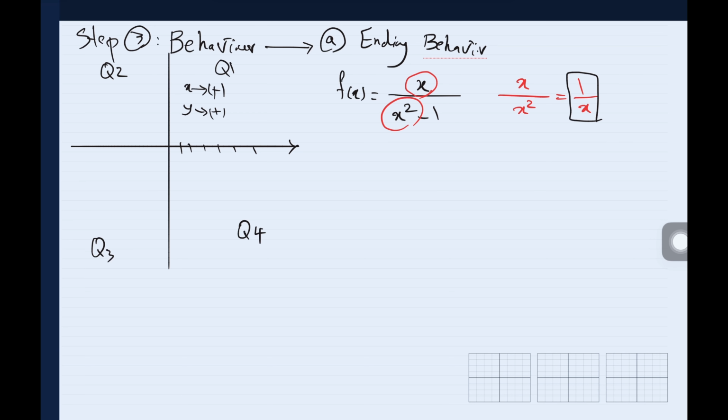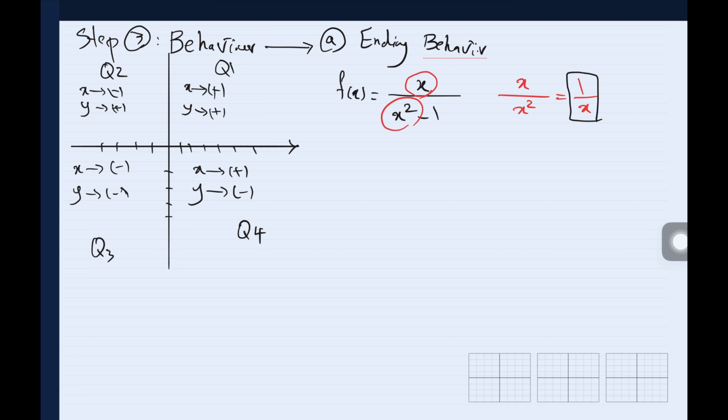For Q2, x is going to be a negative number, however y is still positive. In Q3, x and y both are negative. And for Q4, I have x all positive numbers, however y is negative numbers. So this is a rule for every single rational function.